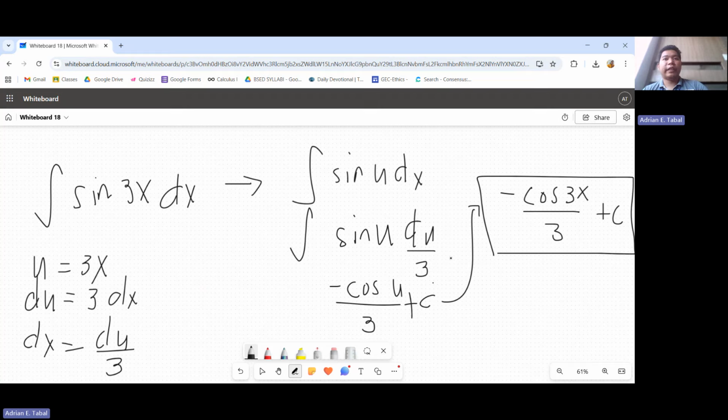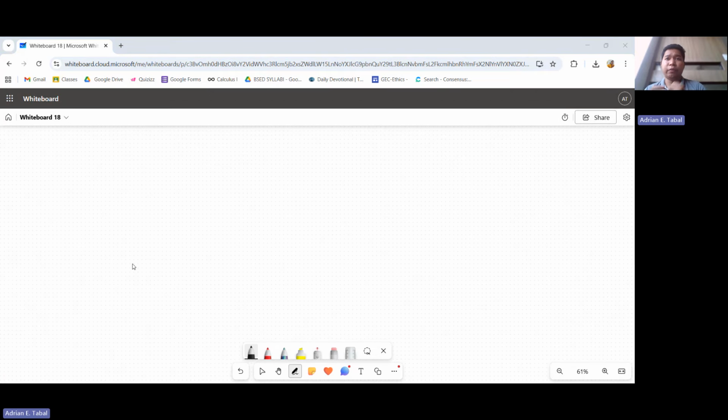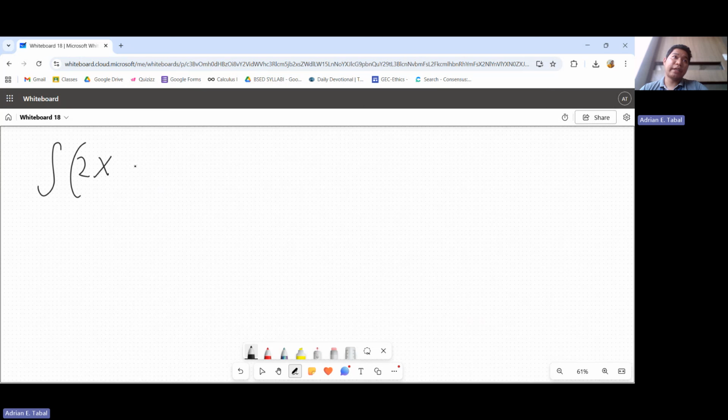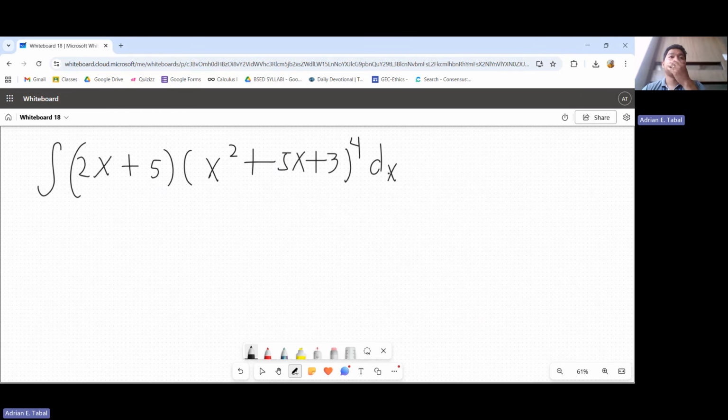Okay, so before I end the class, let's have a bit challenging example, which is finding the integral of two terms. We have 2x plus 5 multiplied by x squared plus 5x plus 3 raised to 4 dx.